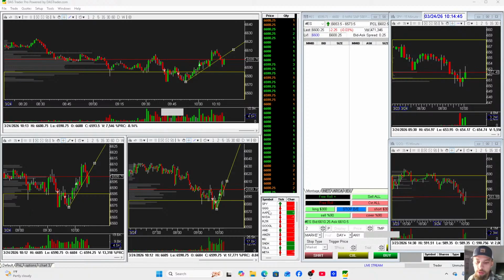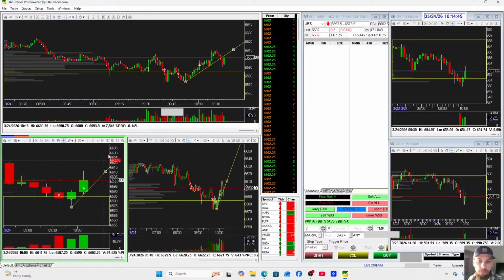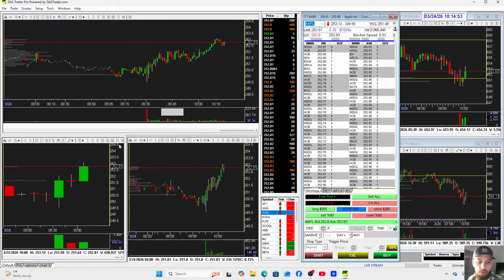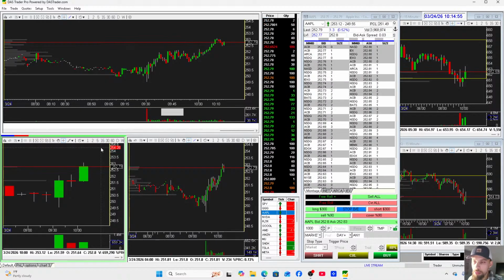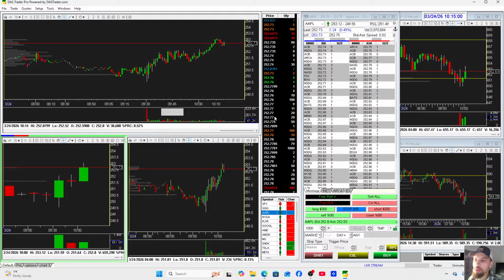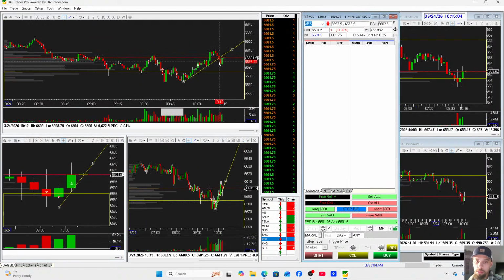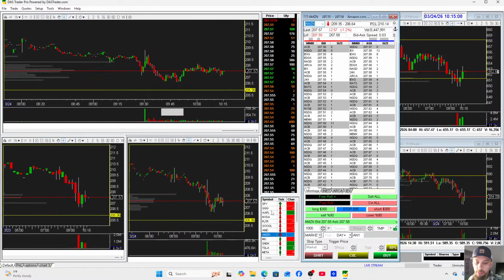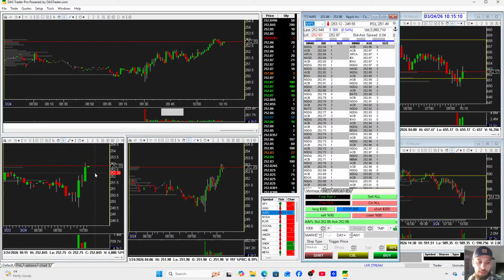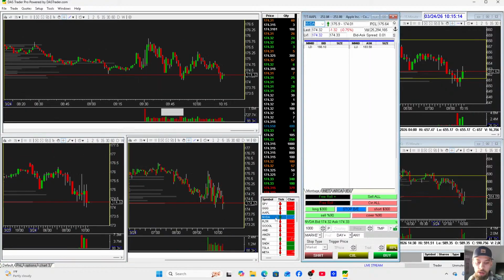Let's look at the other 15-minute candles here on the charts. Looks bullish. Apple 15-minute, big green candle.